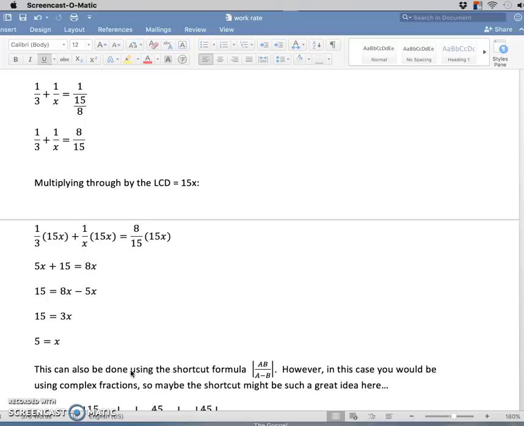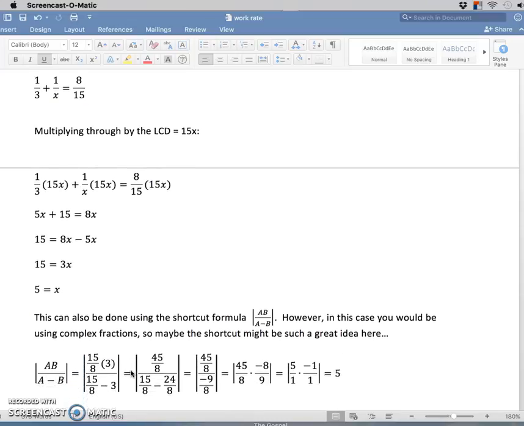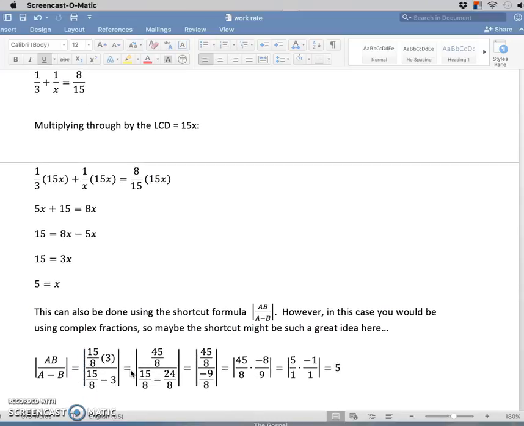Whenever they give you one individual time and they give you the time working together, you're going to have to use this approach to find that third time. And again, this is if they're working together. All right. As you can tell, because of that fraction, this is going to get messy.